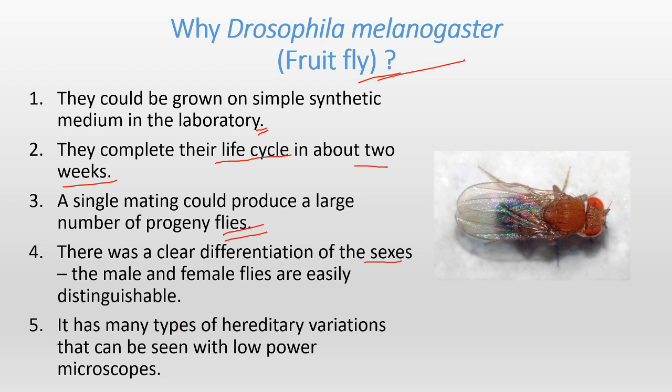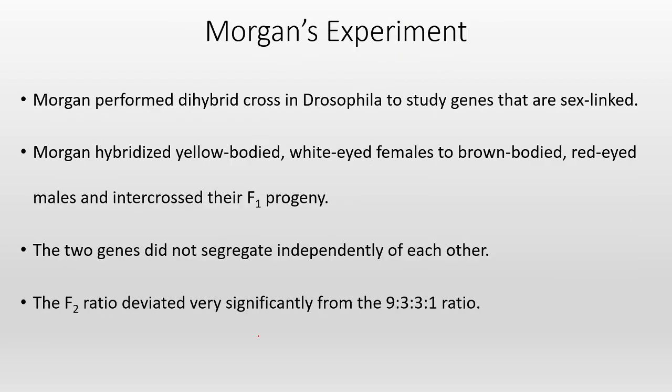And one of the last reasons is that it had many types of hereditary variation that can be seen with a low power microscope. When we talk about hereditary variation, for example, the difference in the wing pattern, the body color, the color of the eye, these are easily identifiable under a simple microscope. These were the reasons why Morgan chose the Drosophila.